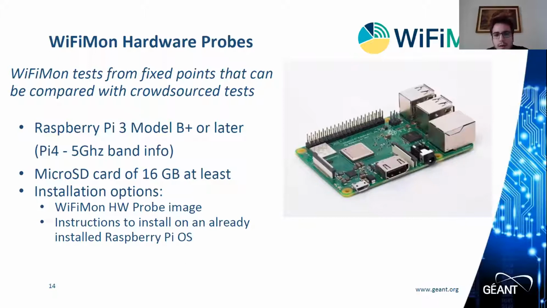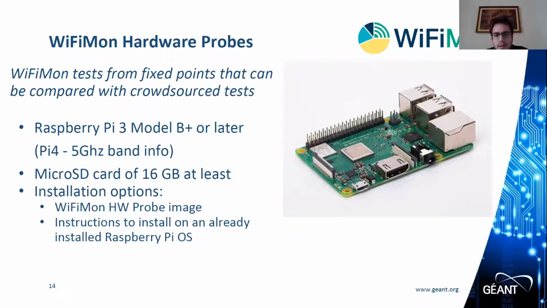Now let's go to the Wi-Fi hardware probes. Recall that these are tests from fixed points in the network that can be used to verify the accuracy of the crowdsourced tests. As I said before, we're currently using Raspberry Pi 3 models, but later we can, of course, obtain the fourth version of Raspberry Pis and test the 5 gigahertz band information.